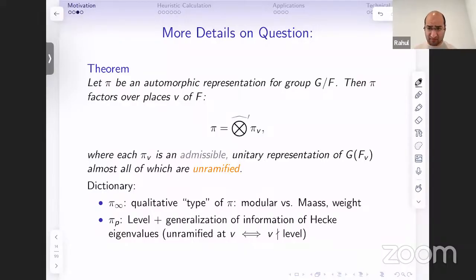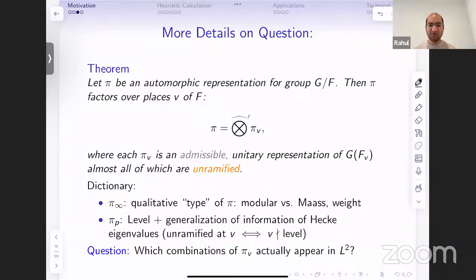And the finite components tell you the level of the automorphic representation, and they give you a generalization of the information of what the Hecke eigenvalues of a modular form are. There's also this extra detail that if the component at v is unramified, you should think of that as v not dividing the level. So this is just a little bit more about how to translate.